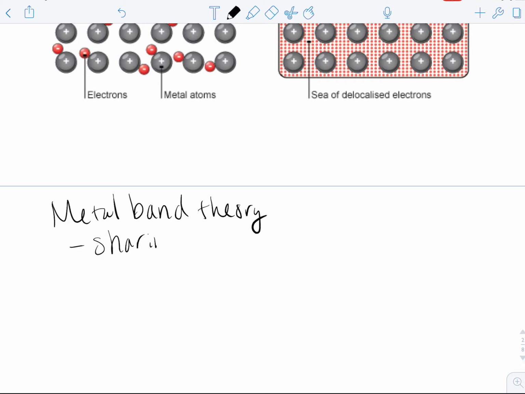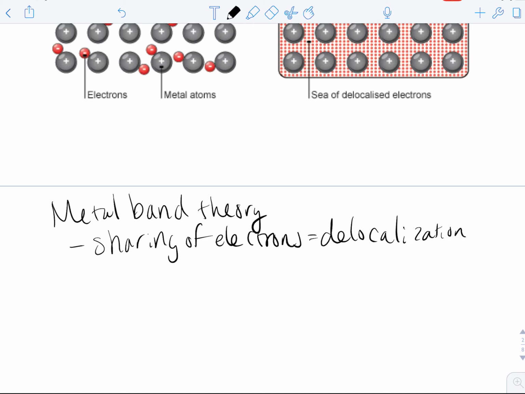So the sharing of electrons, or the delocalization of those electrons, results in an overlap of the energy levels.